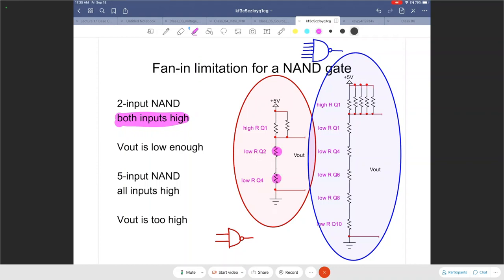The source and the drain terminals will be connected together. But at the same time, because the inputs are also controlling the gate voltage of the PMOS transistors, those two resistors are going to have a high resistance, because they are essentially open circuit. That's when the connection between the source and the drain terminals is cut out. It's an open circuit, represented as high resistance.